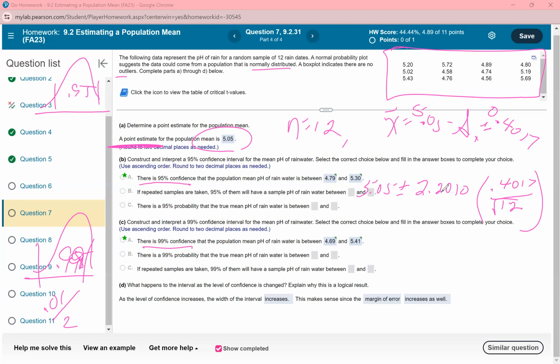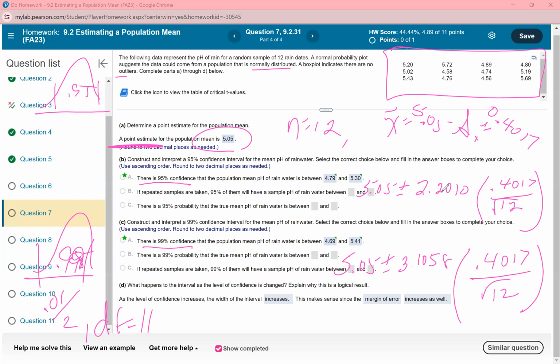Again, this mean is 5.05 plus or minus 3.1058, standard deviation 0.4017 over the square root of n, which is 12. The degrees of freedom was 11. All right, y'all, so again, you type them in with a minus, you up arrow, and you hit the plus again.